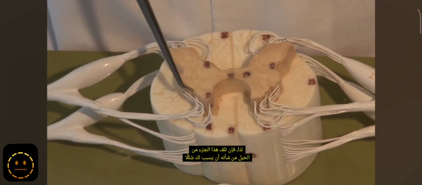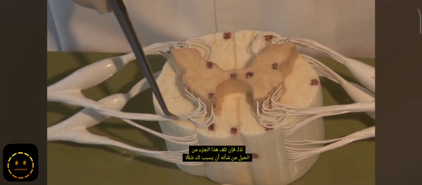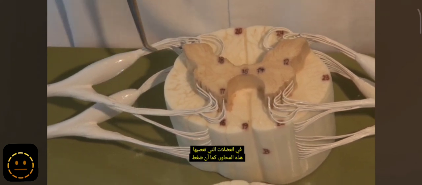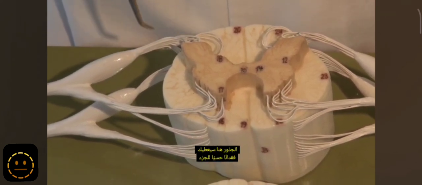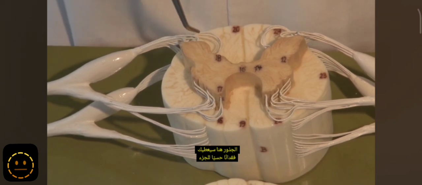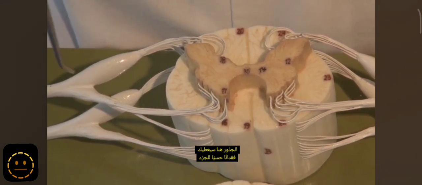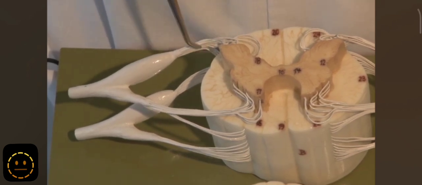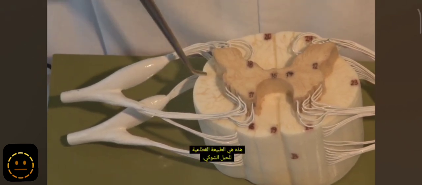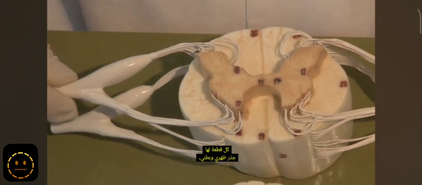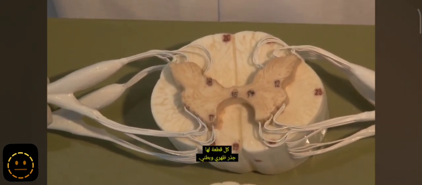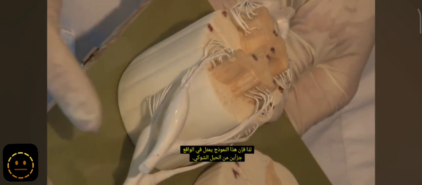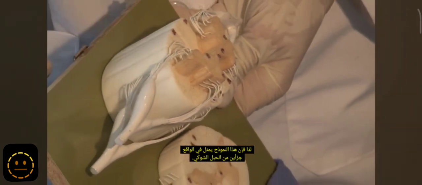So damage to this part of the cord would give you a paralysis of the muscles innervated by these axons, and a compression of the roots here would give you a sensory loss for the segment or the dermatome of the body supplied by these axons. And so this is the segmental nature of the spinal cord. Each segment has a dorsal and ventral root. So this model really represents two segments of the spinal cord.